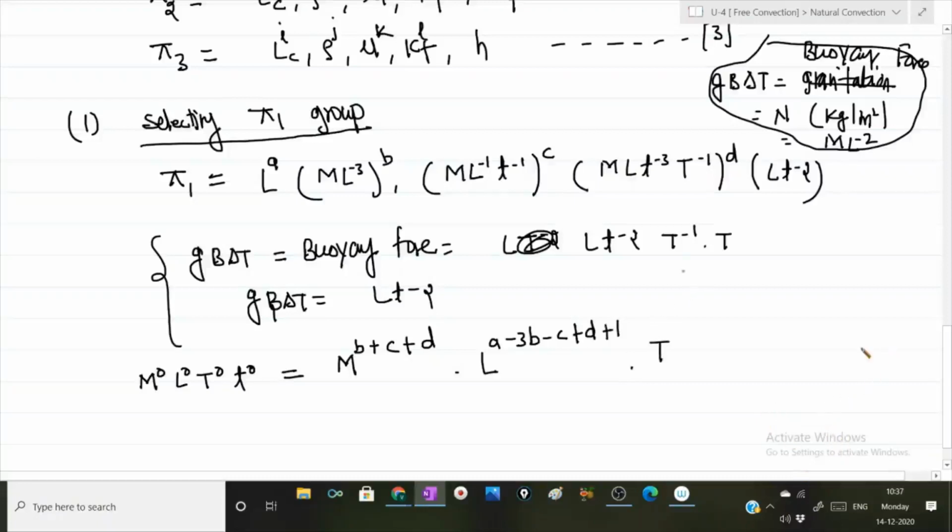Similarly, combine the dimensions of temperature. Temperature has appeared in this case only, T power minus d. And finally the power of time, it comes minus c from here, minus 3d from here, minus 2.